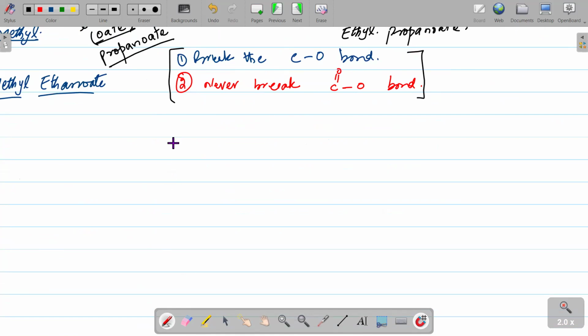First of all, if I have this compound, is it an ester or is it a carboxylic acid? It's not a carboxylic acid. Why? Because sometimes students confuse it with carboxylic acids.